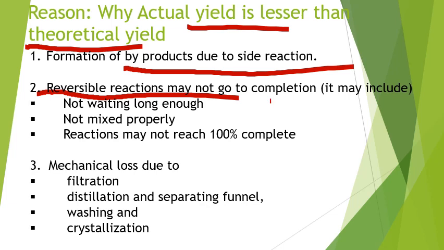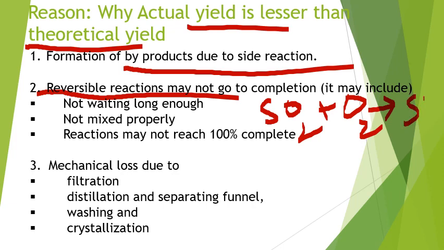Let's take a look at this one also: SO2 plus O2 gives SO3, with coefficients 2 and 2. This is also a reversible reaction, mentioned by a double-headed arrow.